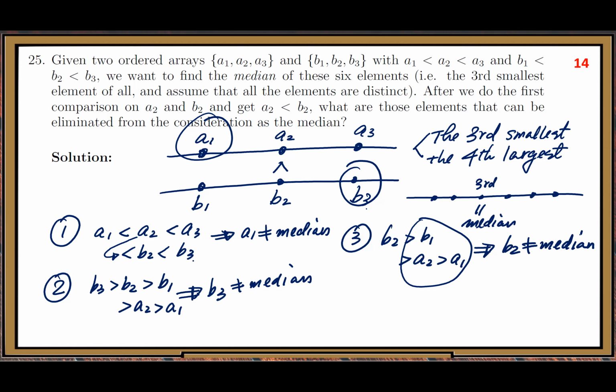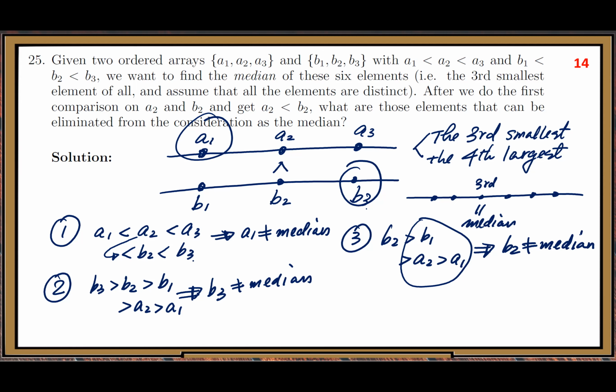If you can, B1 cannot be eliminated. Similarly, make an example with A2 as the median without violating the given conditions, and similarly for A3. So you need to create 3 examples for B1, A2, A3, and then make your final conclusion.